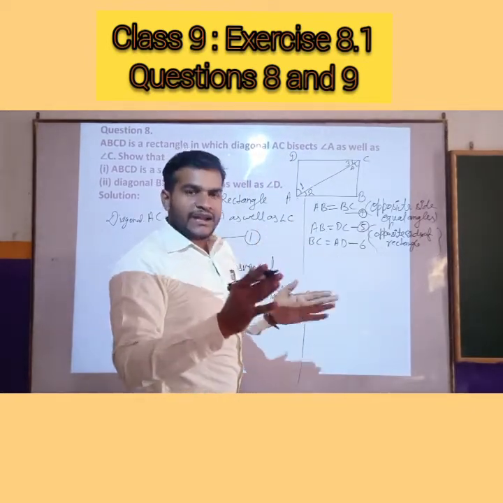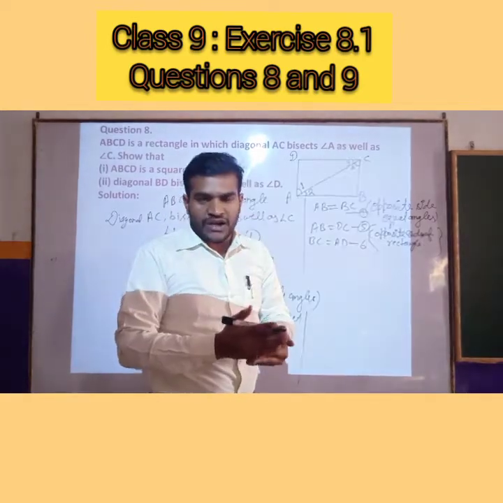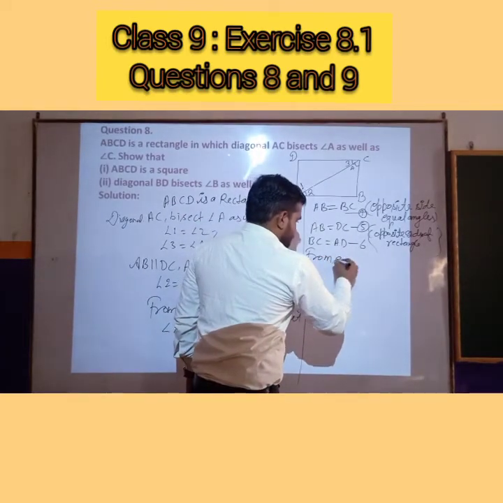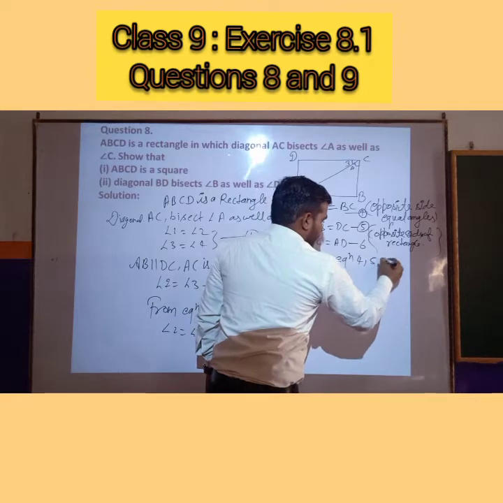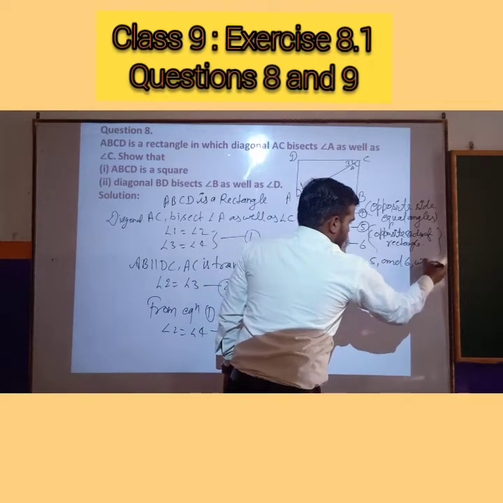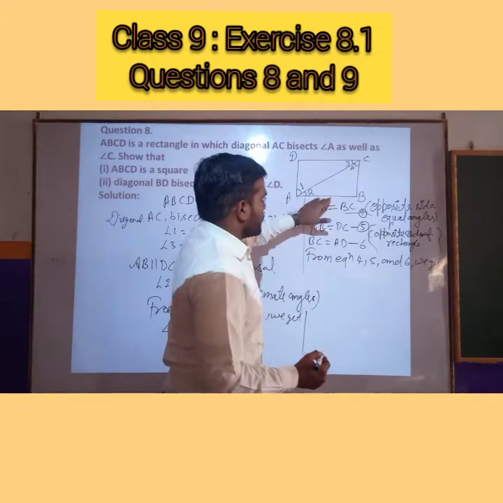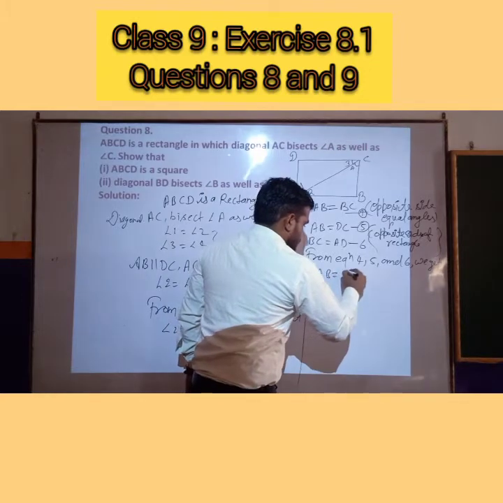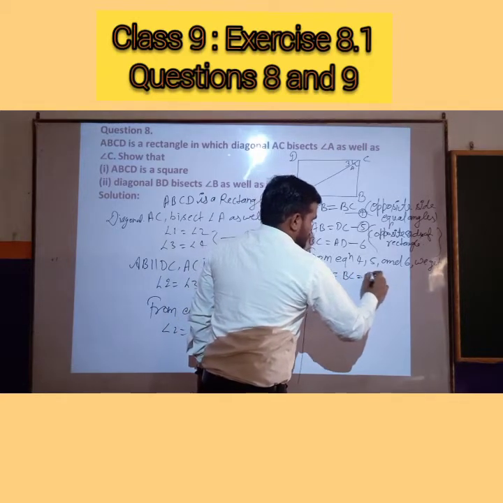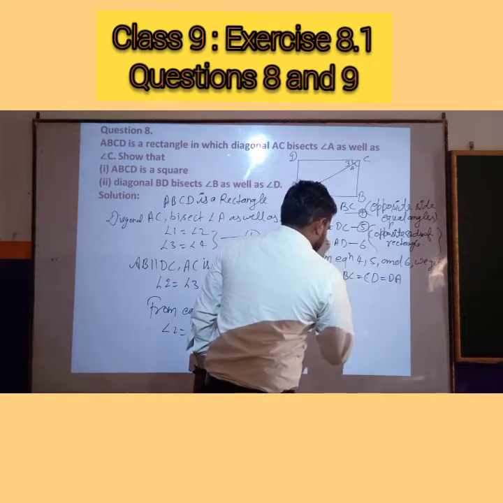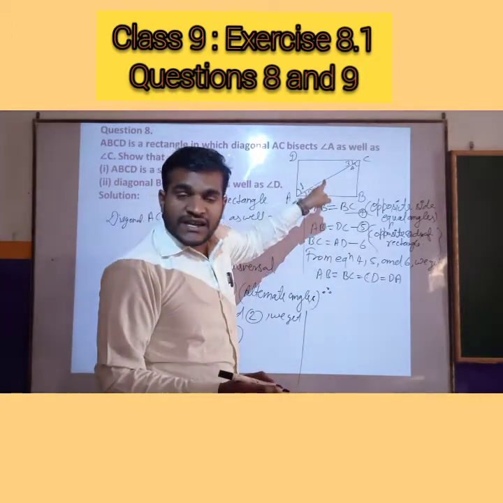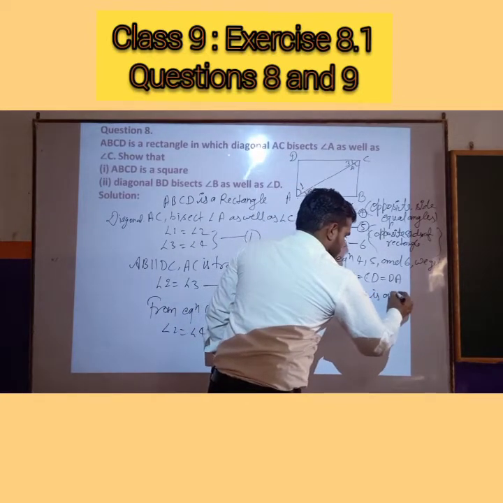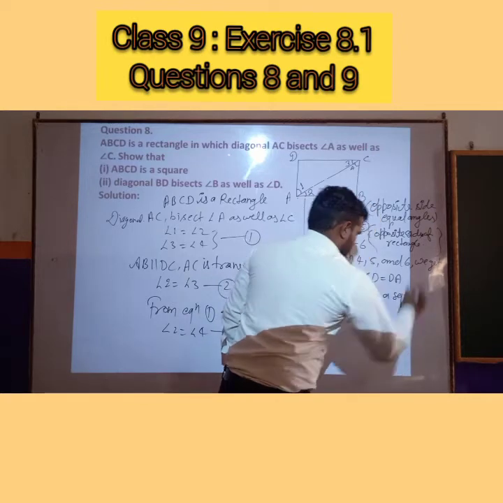A rectangle having all sides equal is called a square. Therefore, ABCD is a square. Hence, proved.